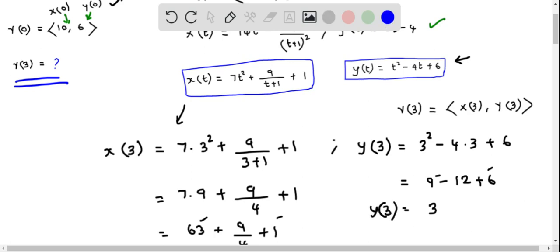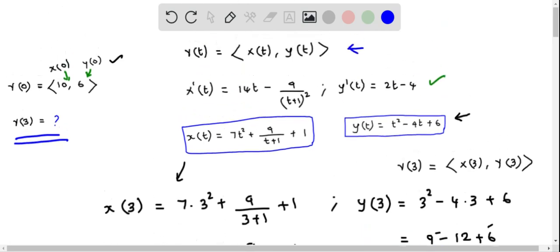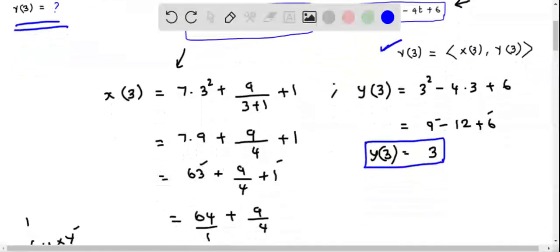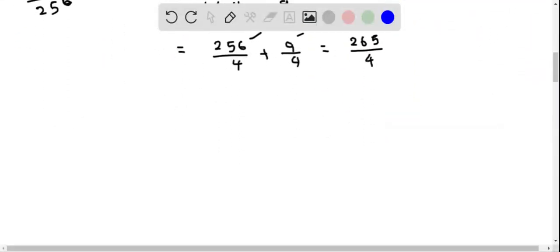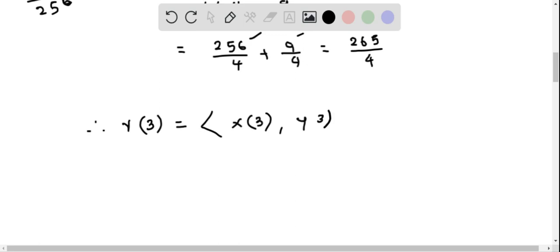So we have determined both x of 3 as well as y of 3. We can plug it into r of 3. So when you plug it into r of 3, we have to put x of 3 as well as y of 3. So therefore, the location of the particle at t equal to 3 equals r of 3 equals x of 3, comma y of 3.